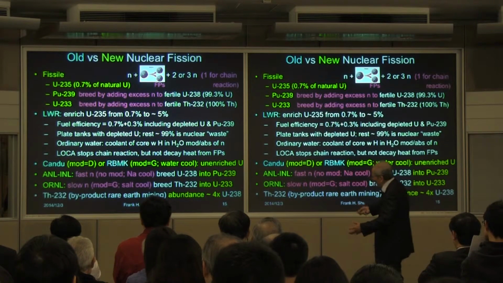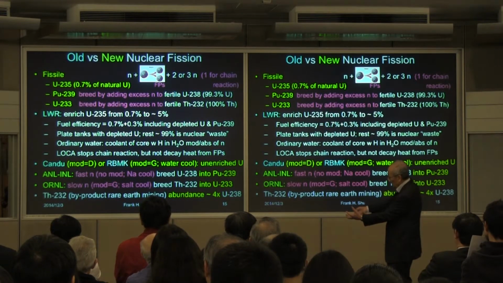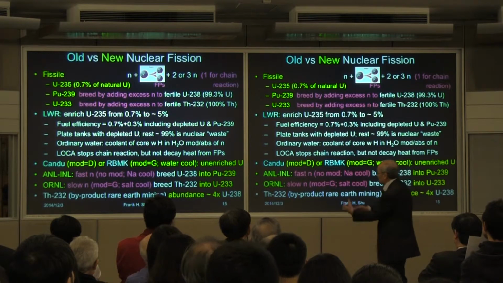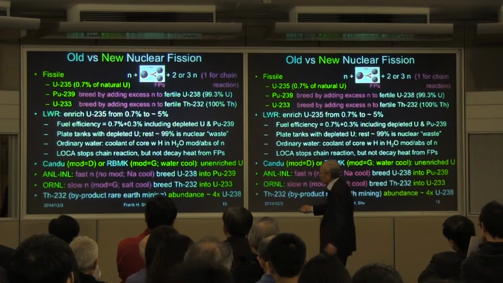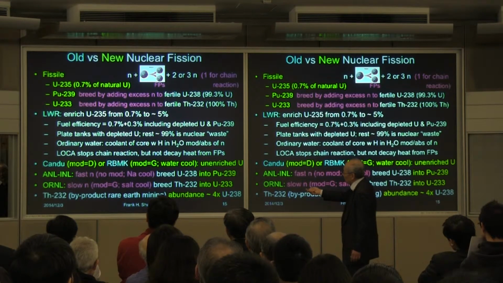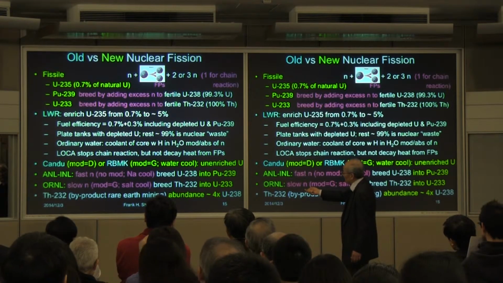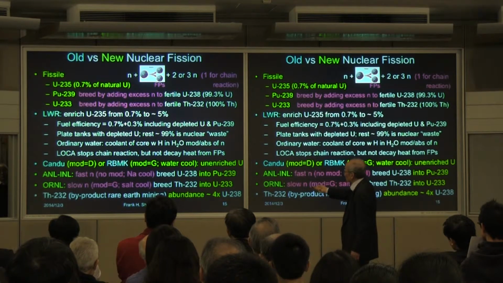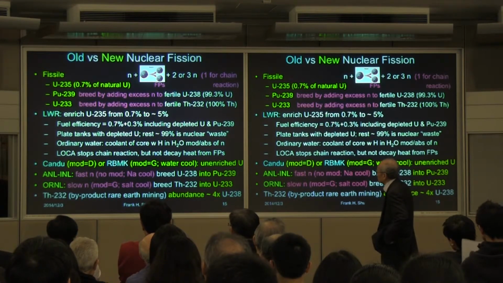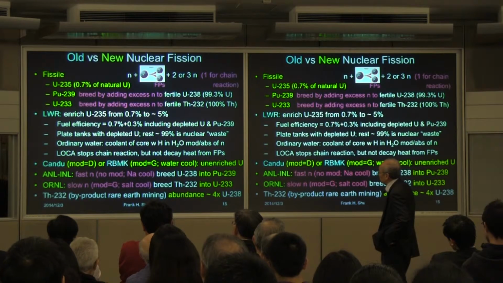But if you count both the stuff, you have 2 piles, some that you took over here, so this becomes depleted, this becomes enriched. If you count both, the fuel efficiency is still only 0.7%, and you get a little of plutonium, so it turns out it's about 0.3%, and then the rest is depleted uranium and plutonium-239, some of which you get to burn.